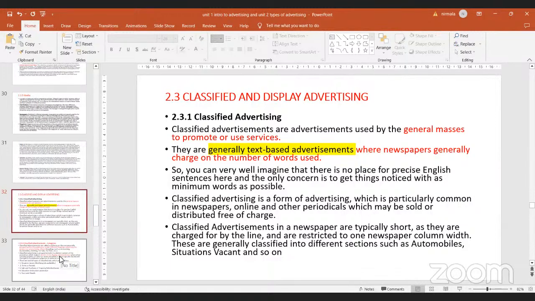Those who are looking for situations vacant can go and read that content. Those who are looking for automobiles could go for that. When people want to know where rentals are available, they can just go to the section and come to know about the information.